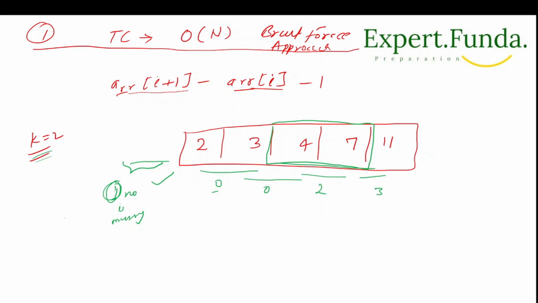Otherwise, we will decrease k by the number of positive integers which are missing before the array starts, that is, k minus array of 0 minus 1. And this will be nothing but k minus, okay? So we decrease k by the number of positive integers missing before the array start. Then we will find the missing current element by using the formula that we have seen already.